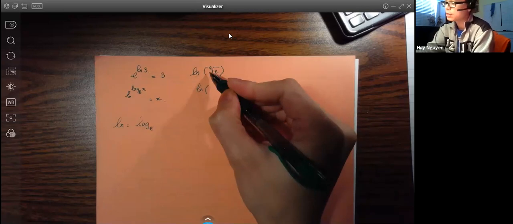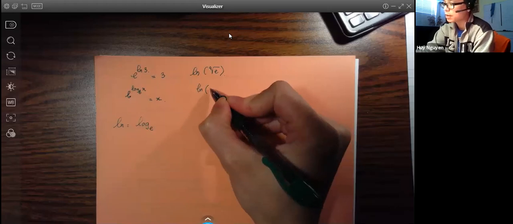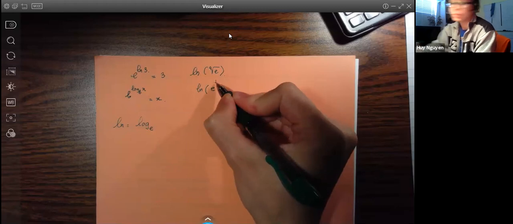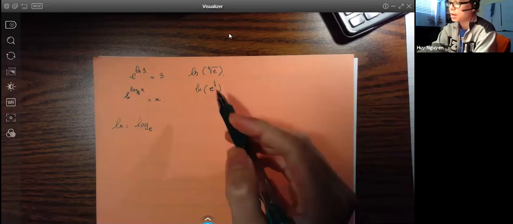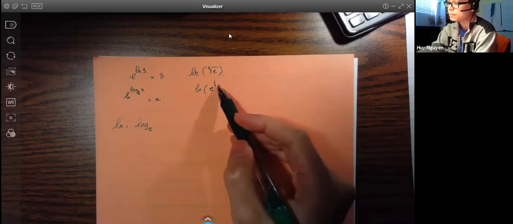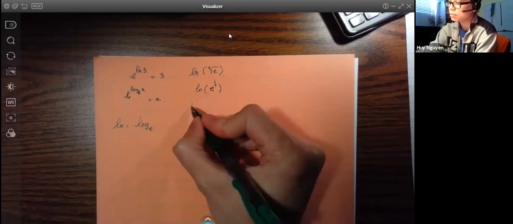I can convert it to a rational exponent, so I can write it as e raised to 1/4. And now I can apply the property. I can bring the exponent to the front, so it becomes 1/4 log base e.